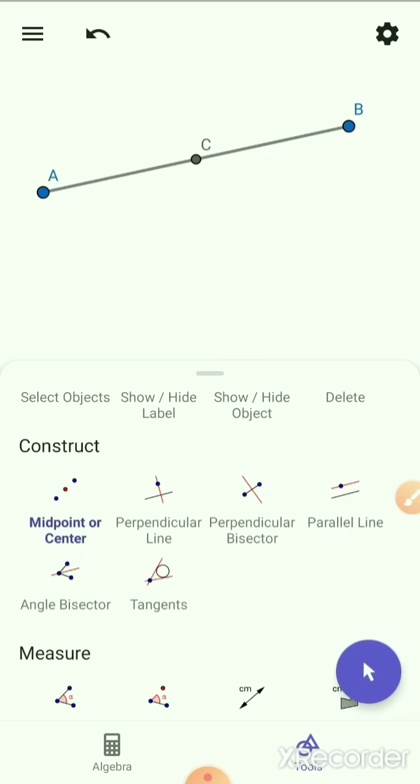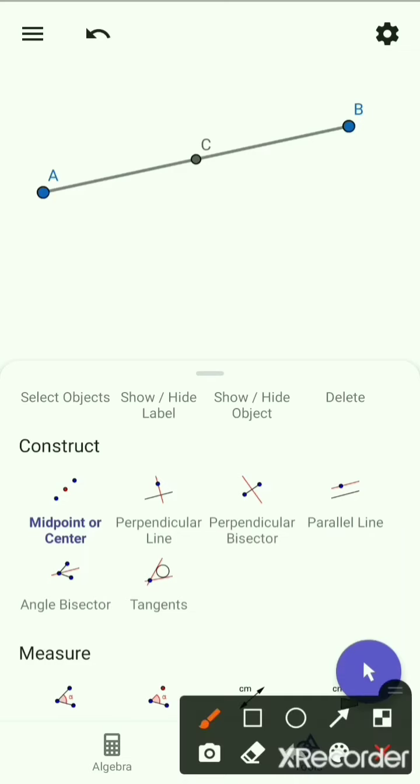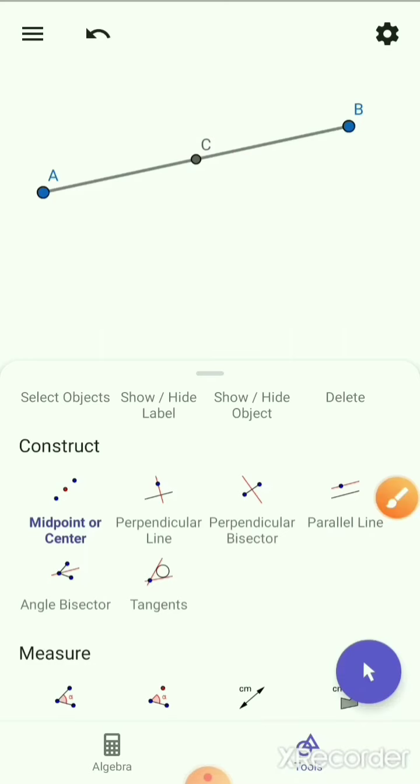But how will you come to know that C is the midpoint of AB? If this is the midpoint, then the distance of A and C and the distance of B and C should be the same. Let's measure whether it is the same or not.